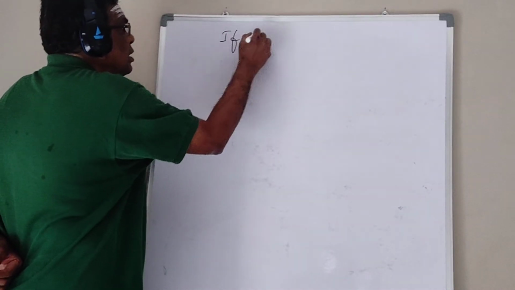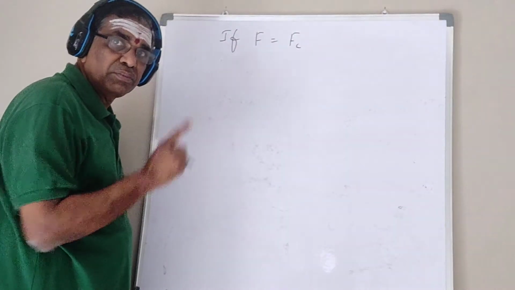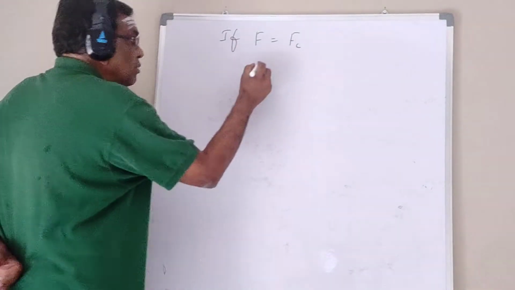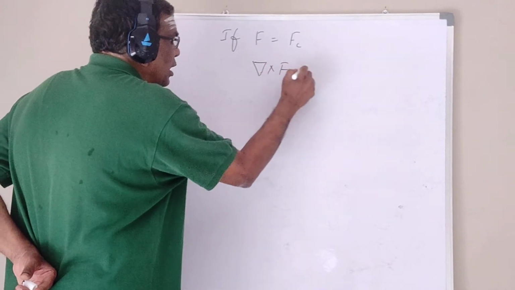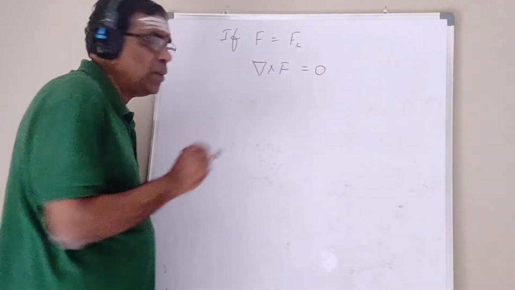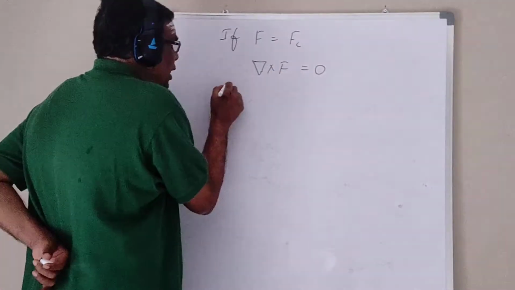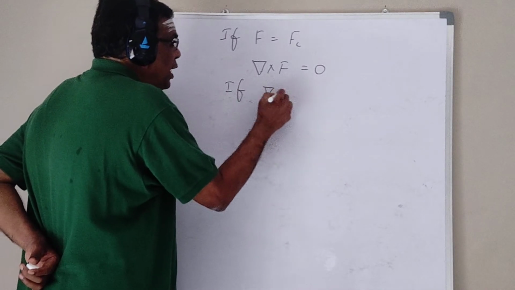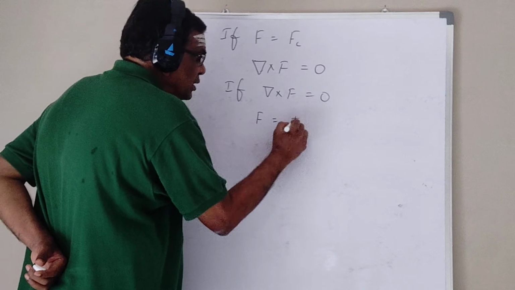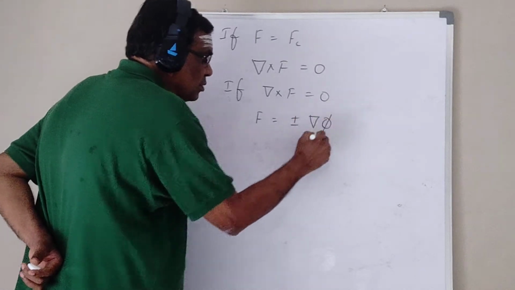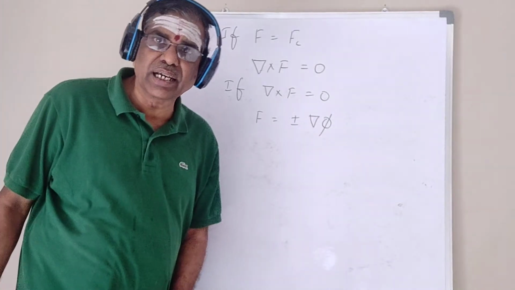If force is conservative, then del cross F must be 0. This is curl of F must be 0. And if any curl is 0, then F is expressed as the gradient of some scalar.